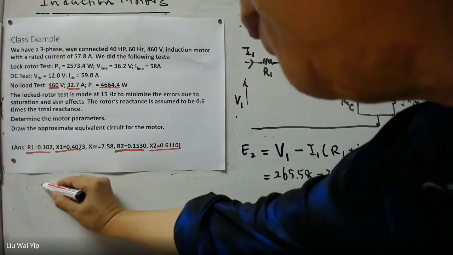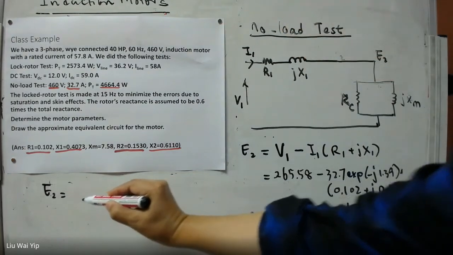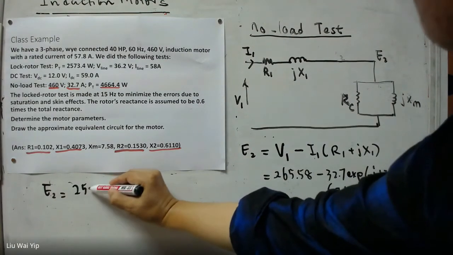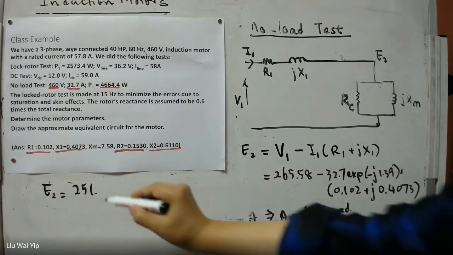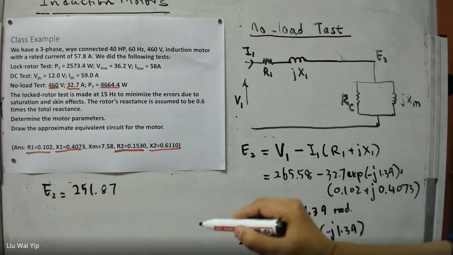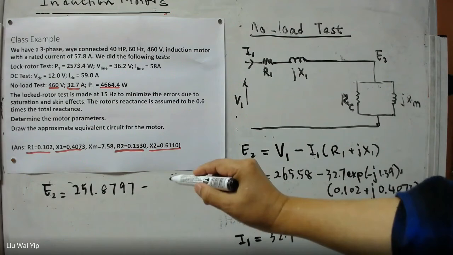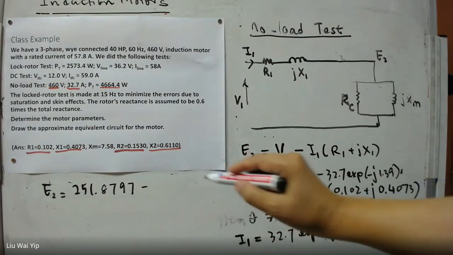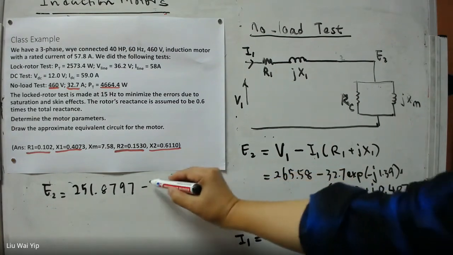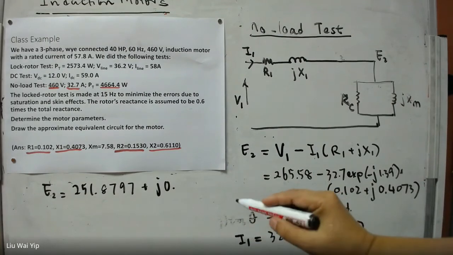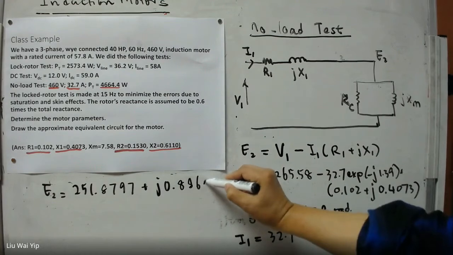So E2, according to my calculation, is 25187 and 97, and then plus 0.8868.